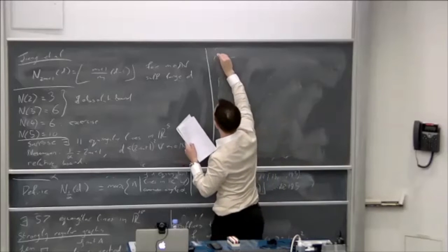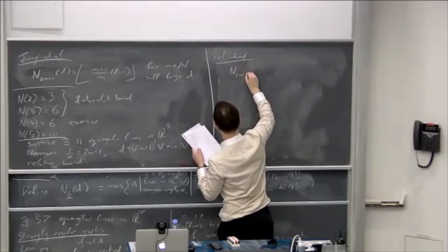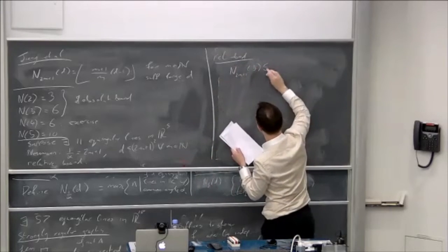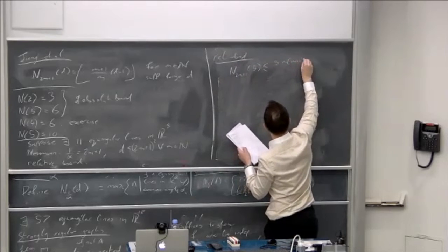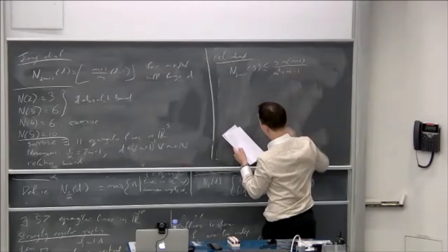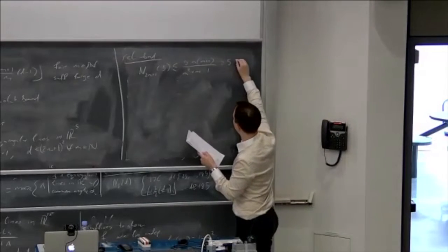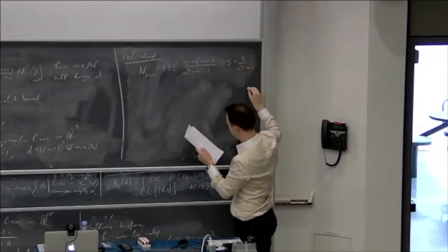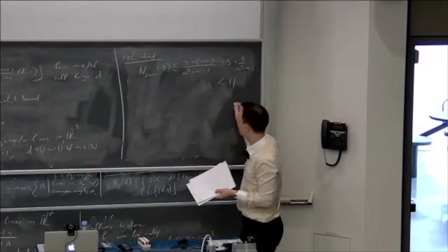We can apply the relative bound, and it says that n of 5 is at most (5m+1) over (m squared plus m minus 1). And if you manipulate this, you can write it like this, 5 plus 5 over (m squared plus m minus 1). And this is strictly less than 11. So you get a contradiction.